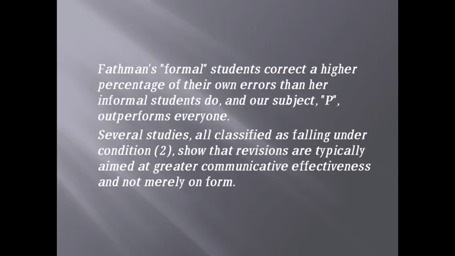For formal students, they correct a higher percentage of their own errors than informal students do, and our subject, letter P, outperforms everyone. It is also consistent with the hypothesis that as we concentrate more on form, accuracy improves.